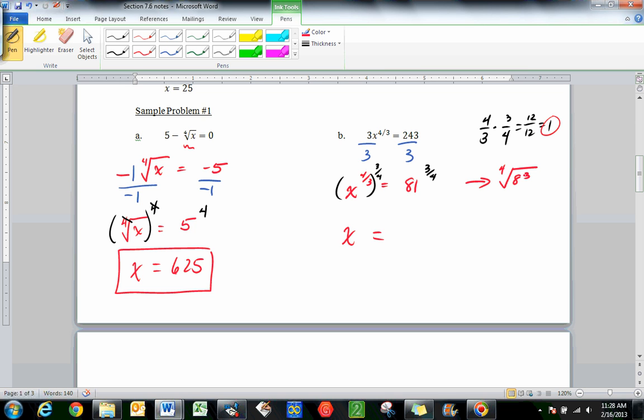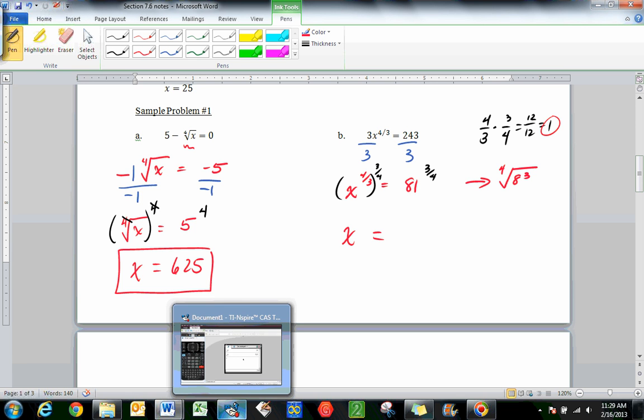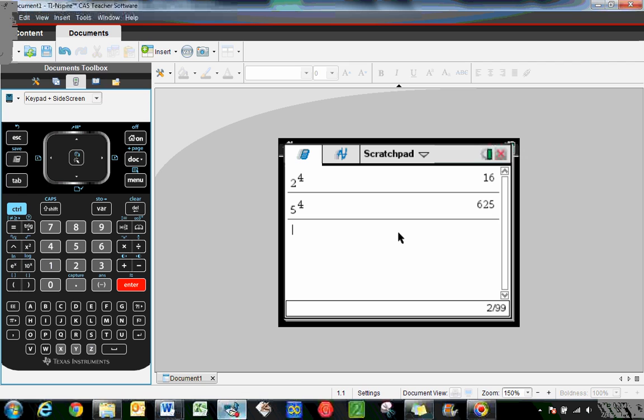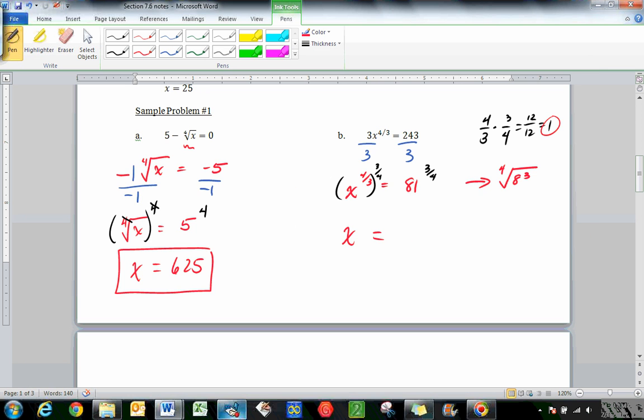Either way, you're probably going to have to put this directly into your calculator to get an answer. So I'm going to take 81 and raise it this time to the 3/4 power. I'm just going to do 3 divided by 4 in my calculator, and that's going to give me my final answer, 27.